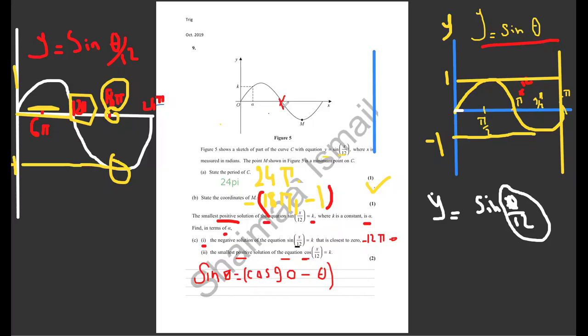Actually, this is with radian, so that is not 90 but pi over 2. Remember, it was 6 pi.